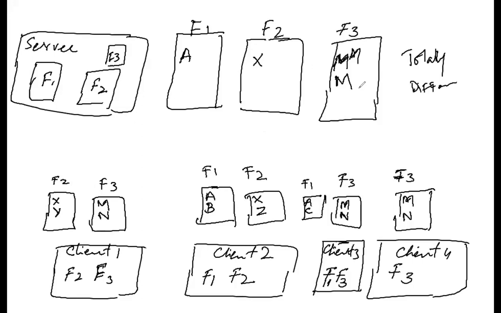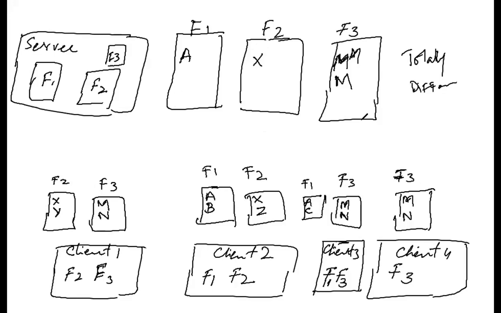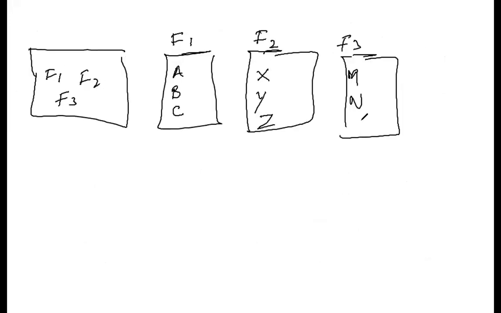Look at this, we have XY, and he is adding XYZ here in this diagram, so we should also add Z over here. XYZ, ABC, MN, and here we have simply N, and over here he's adding N. So now we should update this record here on the cache.